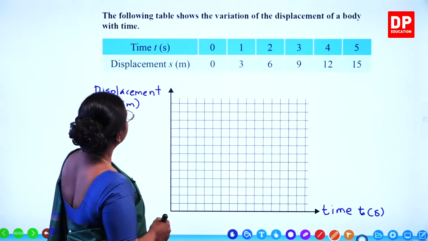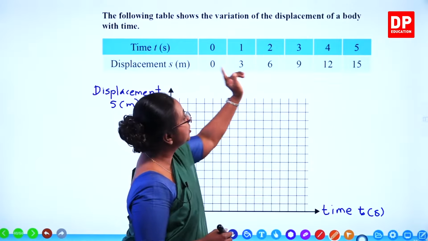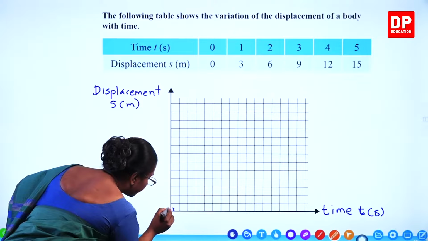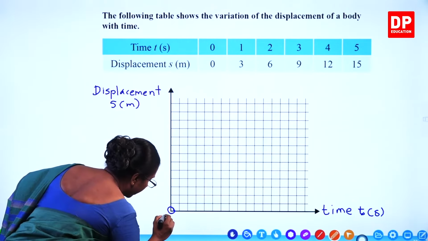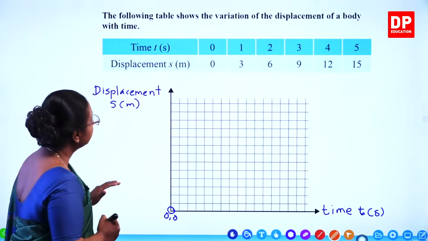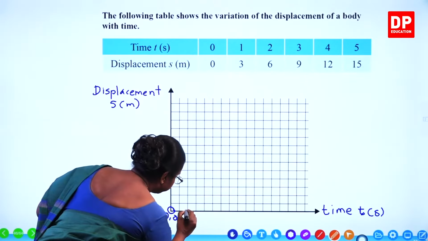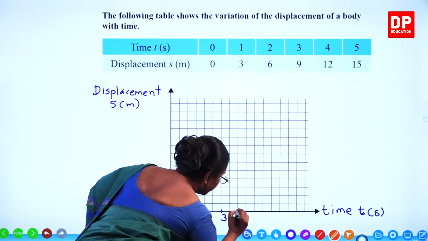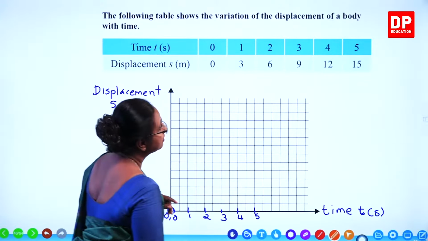So here you can see time axis, no problem. It varies from 0 to 5. As you all know, this point is called the point of origin, where the two values are usually 0 and 0. Then on the x-axis, we write the values for time: 1, 2, 3, 4 seconds and 5 seconds.